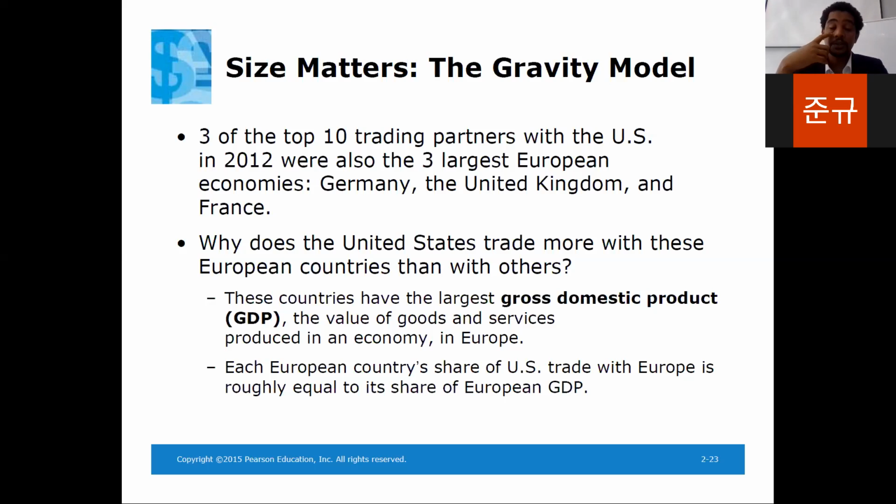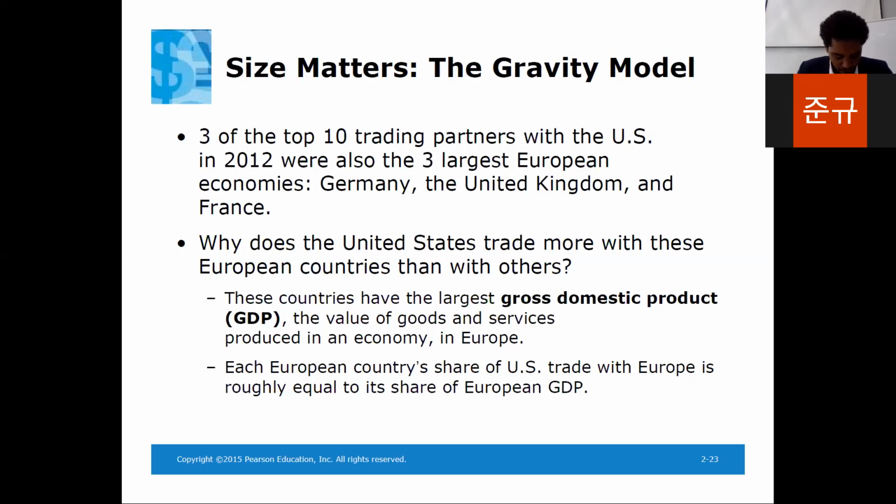Okay, so let's talk about size matters, the gravity model. The gravity model is an analogy of Newton's law of gravity. Most of you might have heard about Newton's law, so it's just like that.